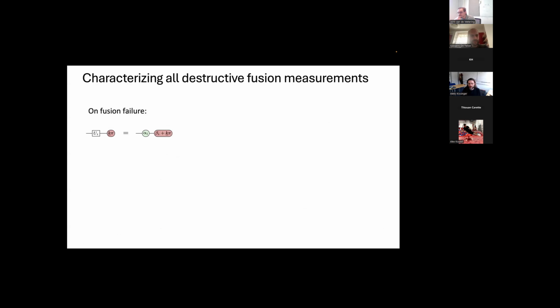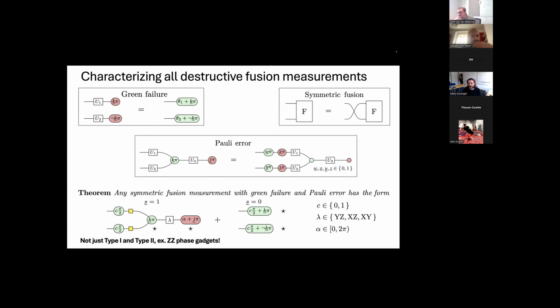And when you look at this here, you can think of what's happening for a fusion with green failure, Pauli error, is that if these are two nodes, the inputs are two nodes in a graph state, you're fusing them.